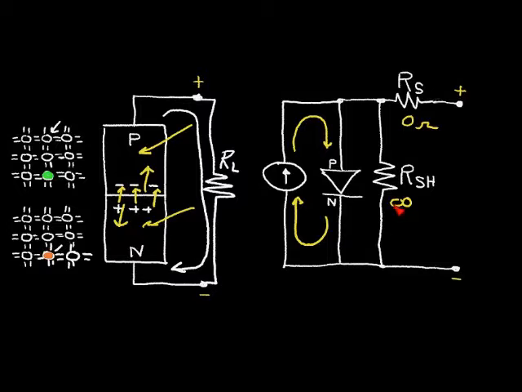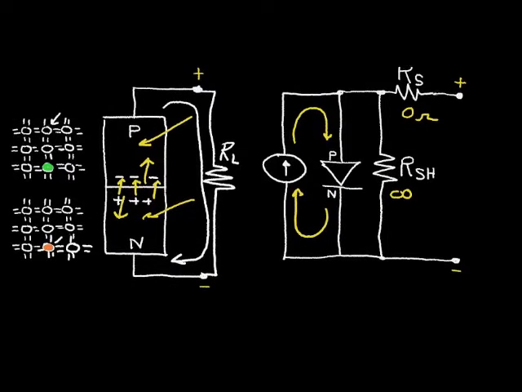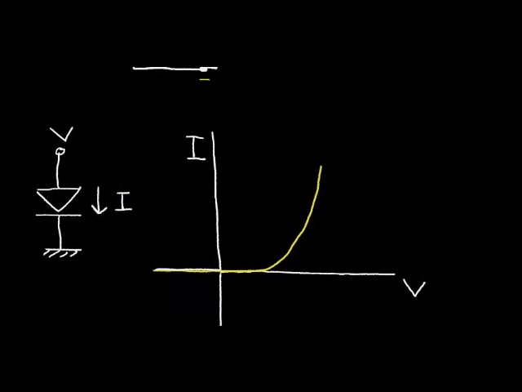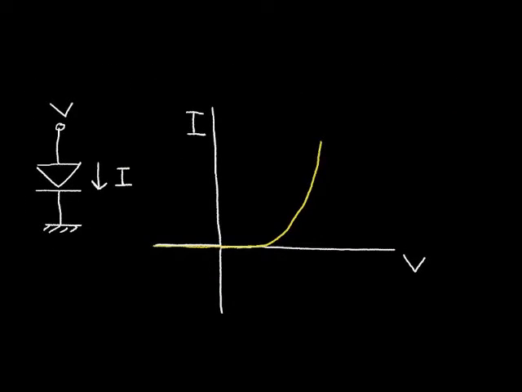So let's explore the current voltage relationship of this PN junction, or this solar cell. Now if we don't have any light shining on this diode, we can plot the voltage versus current.